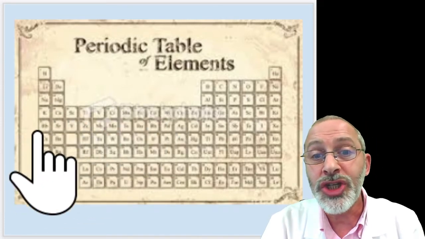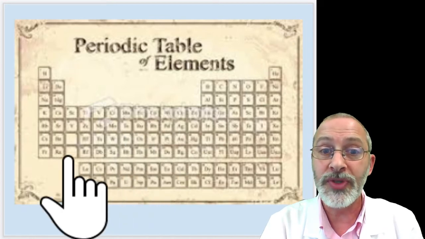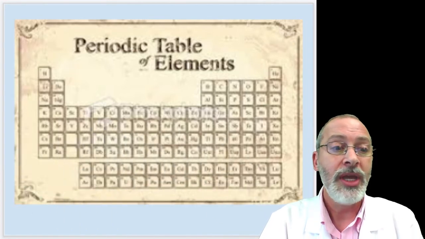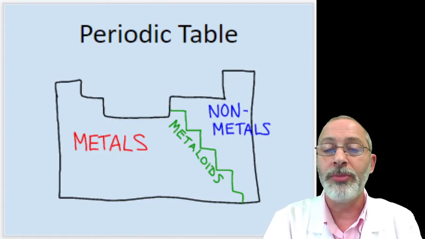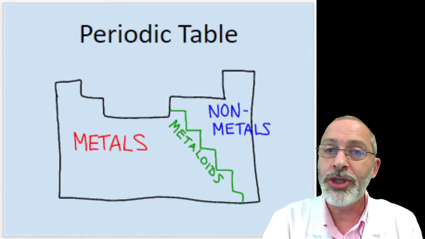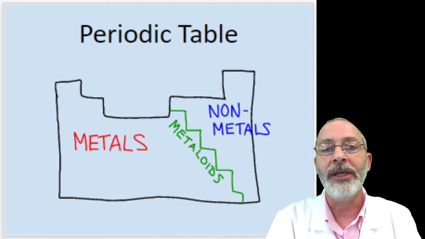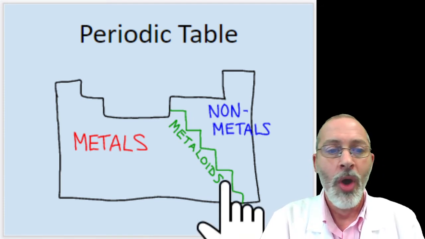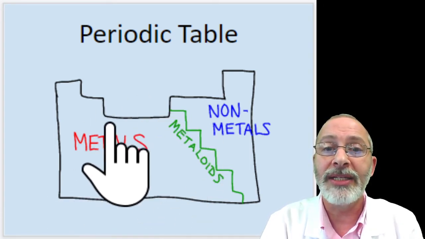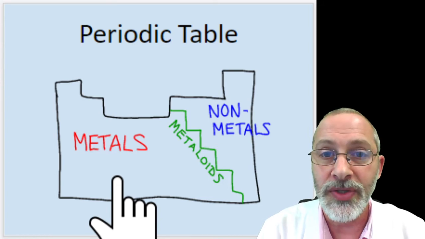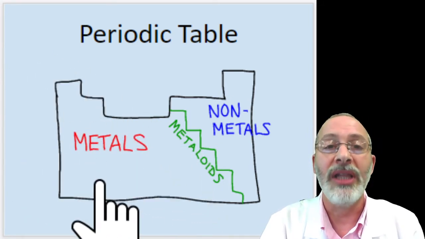Now, in addition to those characteristics within the groups and within the rows, there are other divisions in the periodic table that you should be aware of. I've mentioned this in the past, but here's a good time for us to really come to grasp with it. All of the elements on the left side of the periodic table are the metals. All metals in the periodic table are to the left.